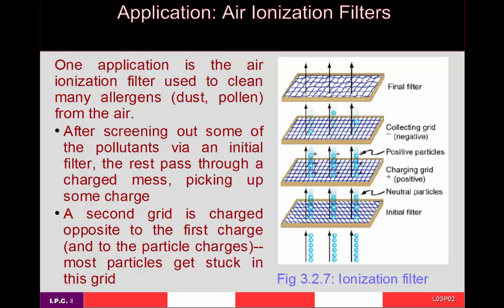The process looks something like this. Here is air represented as having lots of pollutants in it. The black line is air, and the blue balls are pollutants. An initial filter is first used and screens out a few of the pollutants.